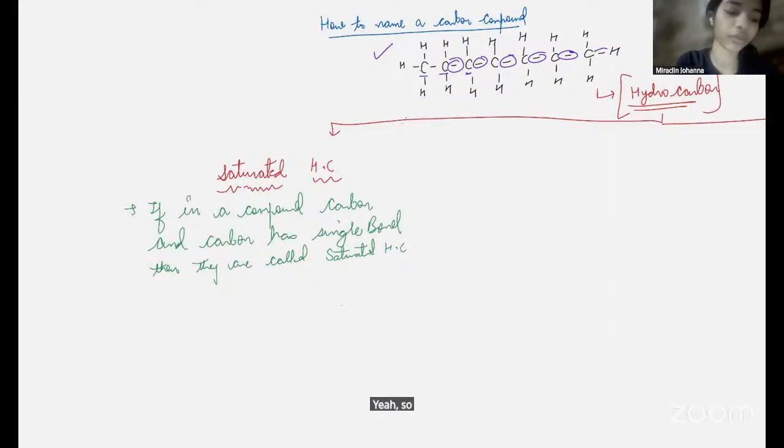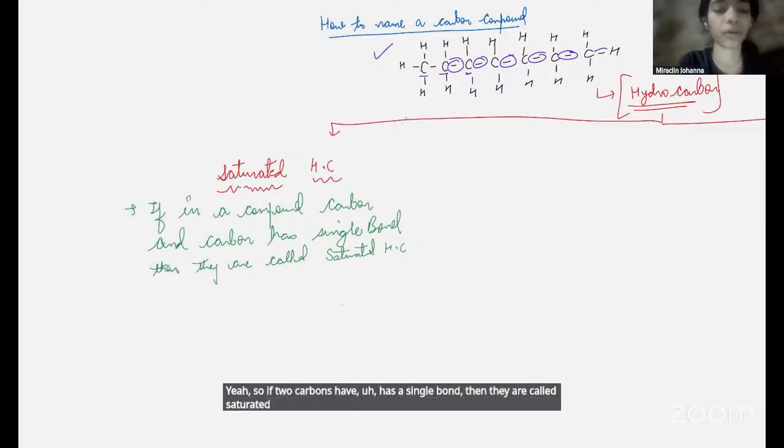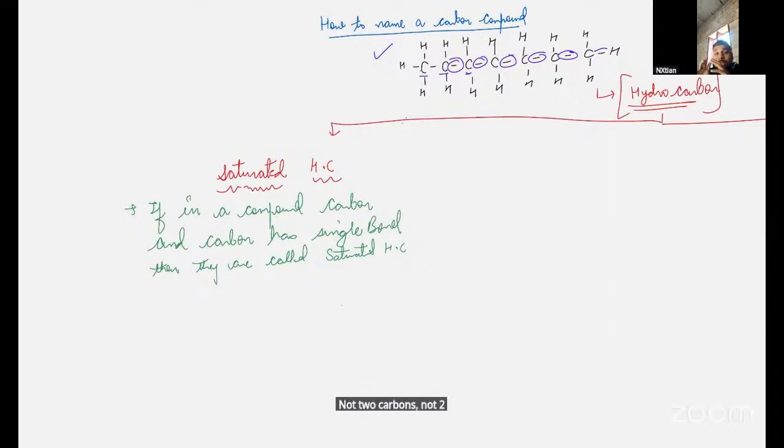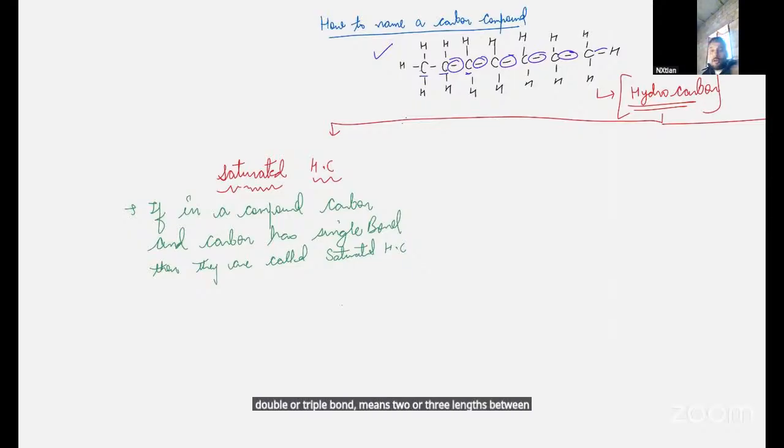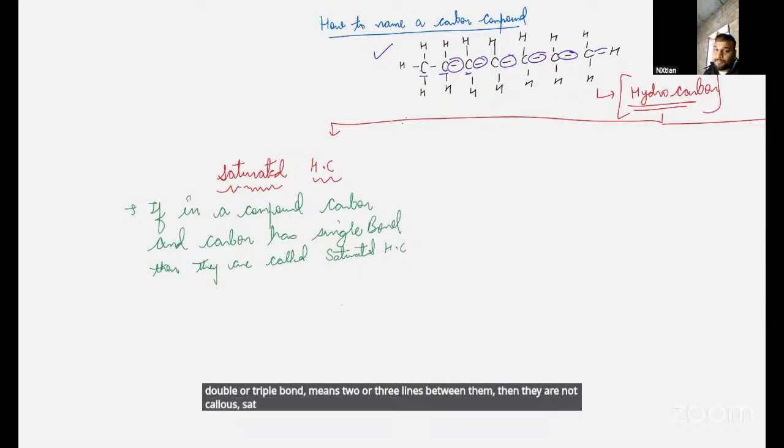So if two carbons have a single bond, then they are called saturated hydrocarbon? Not 2 carbons. In a compound, like if there are 100 carbons, and all 100 carbons have only single bond. But if out of 100, one carbon and carbon has double or triple bond, meaning 2 or 3 lines between them, then they are not called saturated hydrocarbon.